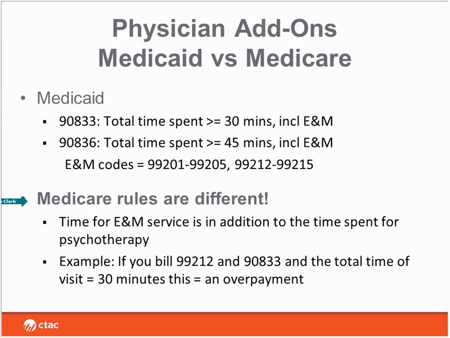Medicare is different. Note that under Medicare rules, the time for the E&M service is above and beyond the time that you spend for psychotherapy. So if the total time spent on a visit is 30 minutes and you use the 90833 for Medicare, that is going to be an overpayment.